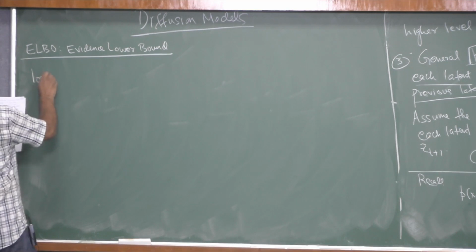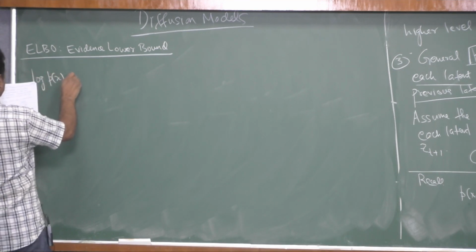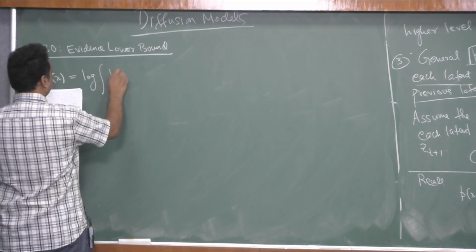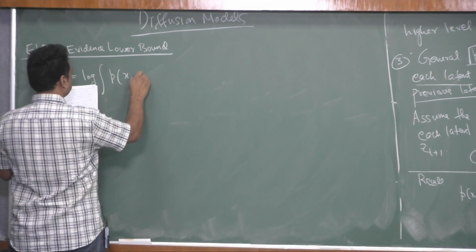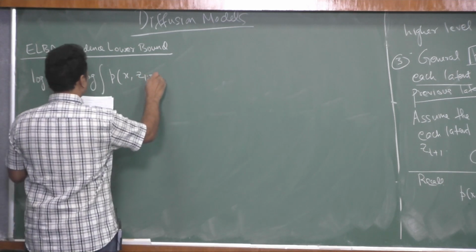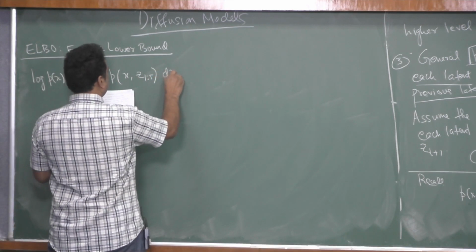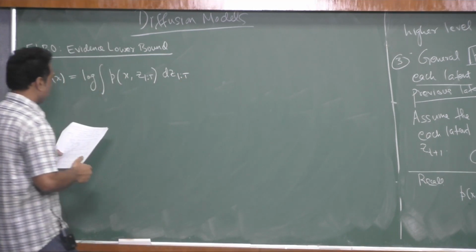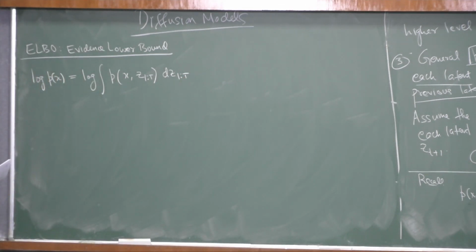So this is log of p of x, this is log of the integral of p of x joint with z1 to t, dz1 to t. Okay, so as you have seen here, I am trying to marginalize the joint to get the probability of px.